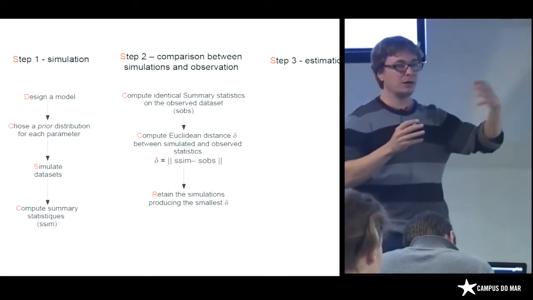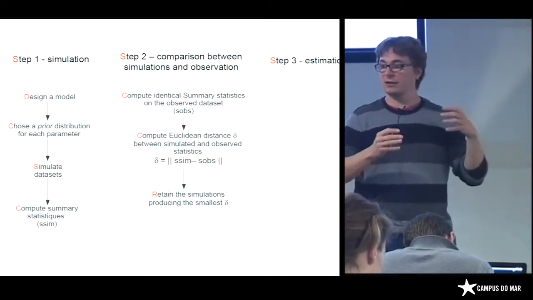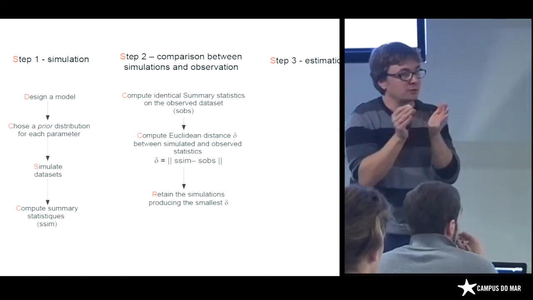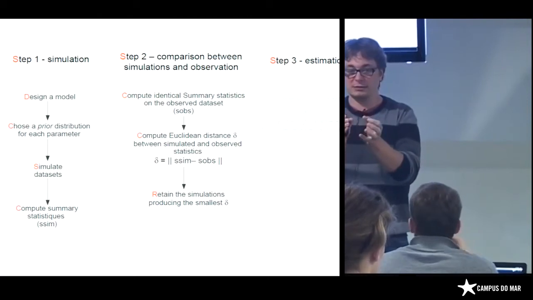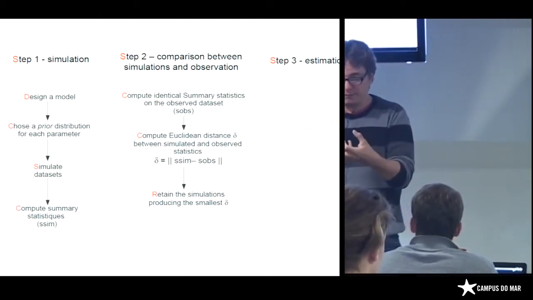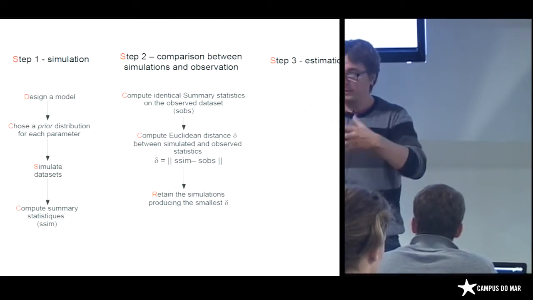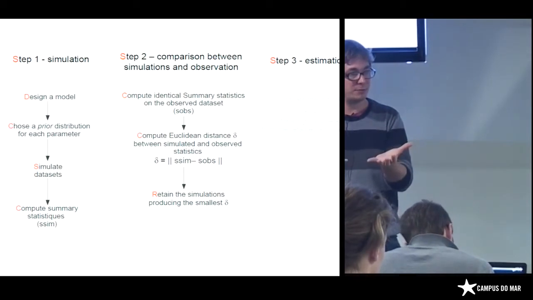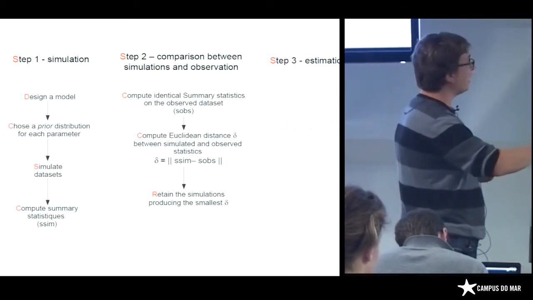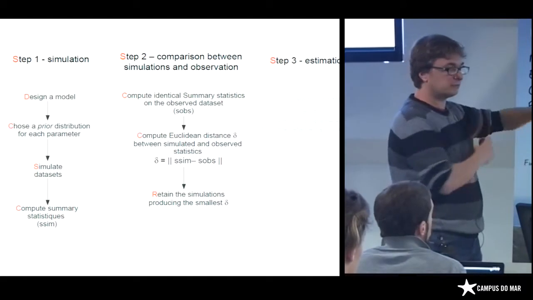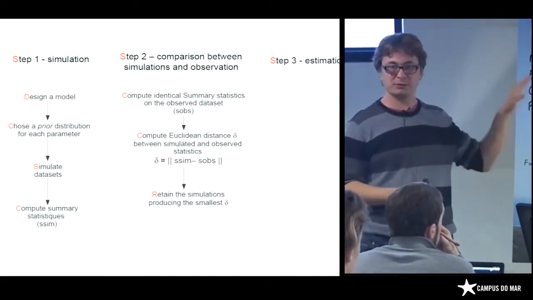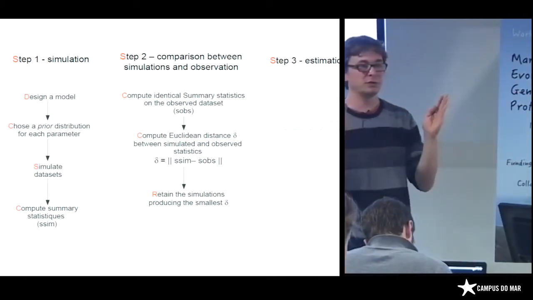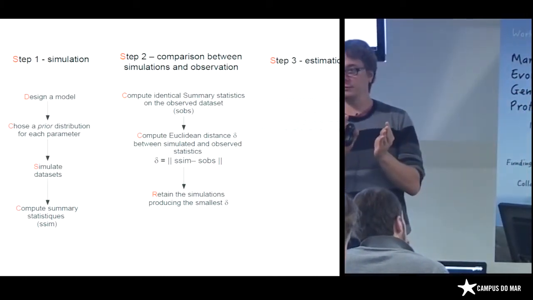The bigger the Euclidean distance, the less likely the model simulated; the shorter the Euclidean distance, the more you have been able to obtain the same summary statistics as your observed dataset. And you have a criterion, there are many, I will not enter into the detail, to retain the simulations that produced the smallest Euclidean distance. Okay.